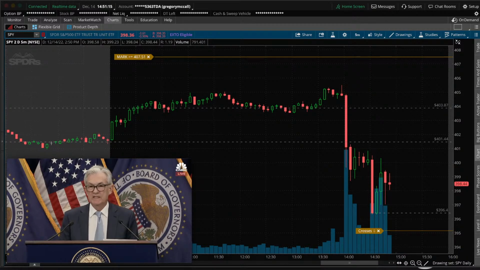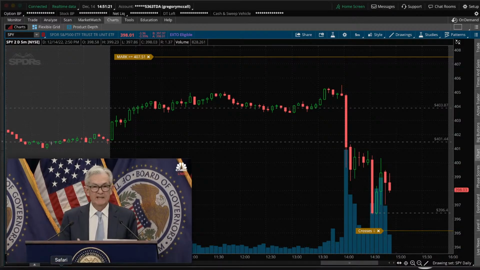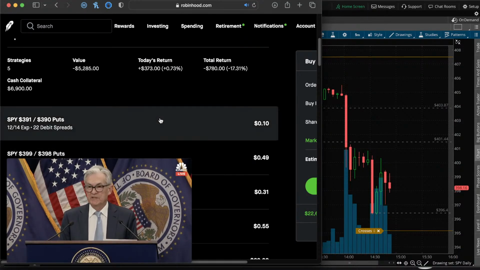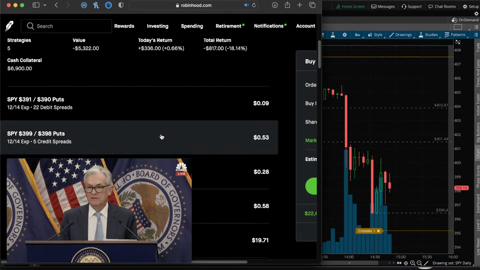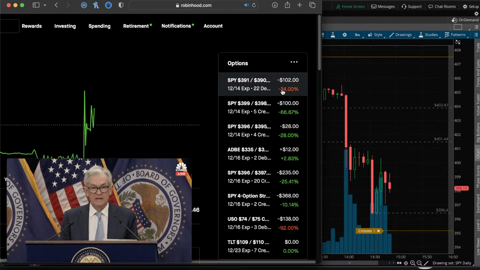So that's the idea. It makes a lot of sense, it seems to me, particularly if you consider how far we've come. But again, I can't tell you today what the actual size of that will be. It will depend on a variety of factors, including the incoming data in particular, the state of the economy, the state of financial conditions.